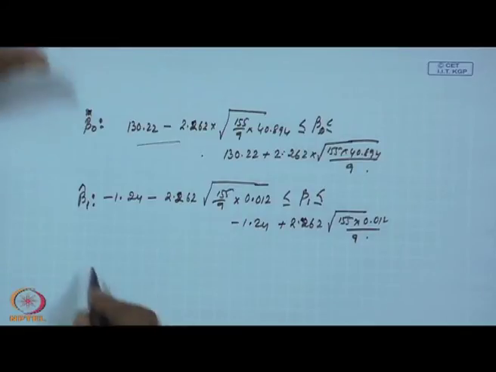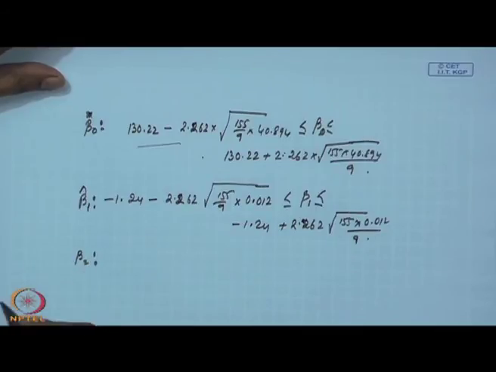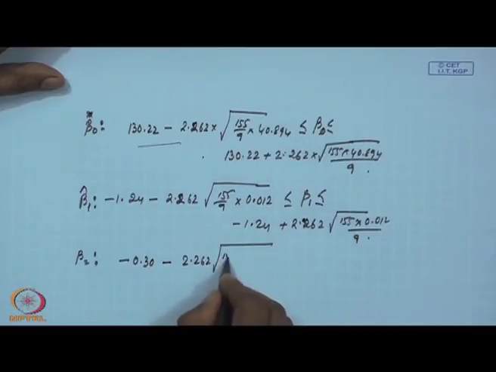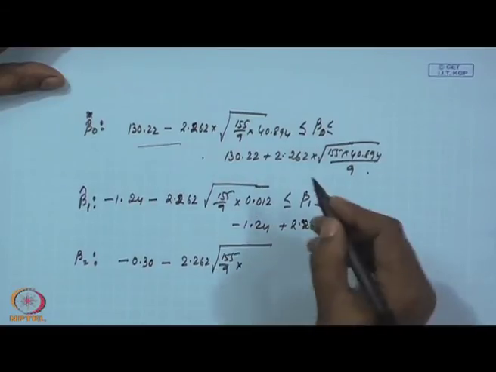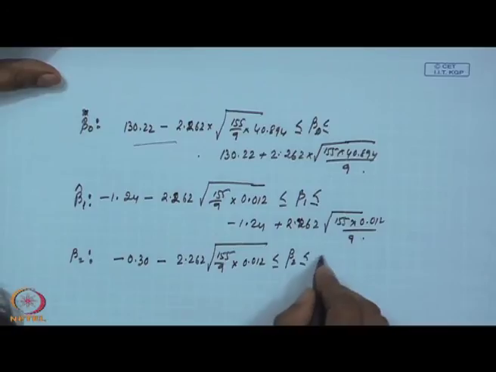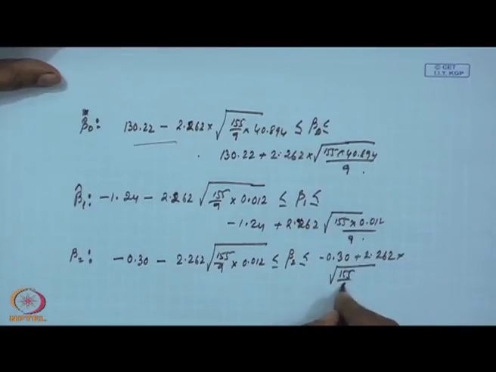Okay. So, for beta 2, what will happen? Beta will be minus 0.30 minus 2.262 square root of 155 by 9 into, I think the C22 is also the same value here, 0.012, less than or equal to beta 2, less than or equal to minus 0.30 plus 2.262 into 1.5159 into 0.012.